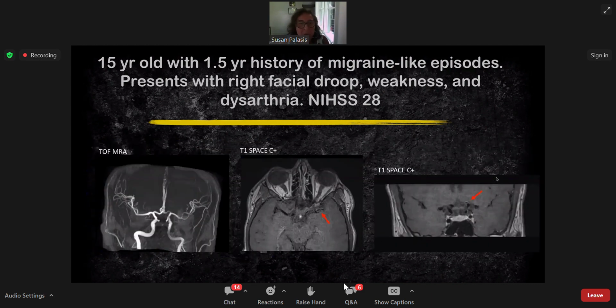And then our susceptibility weighted imaging actually shows a thrombus in that left middle cerebral artery. We did an MRA, and we have some narrowing and irregularity of the internal carotid artery in an appearance that's very characteristic for FCA.